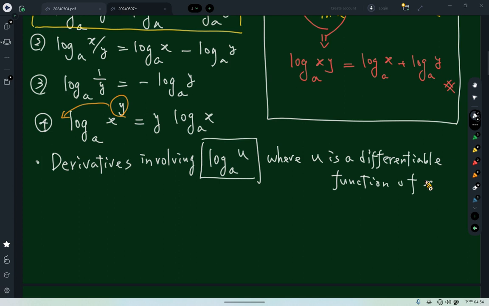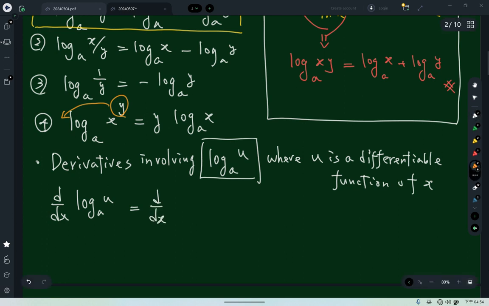So when you encounter this, I want to differentiate this. So what you should do, the first thing you need to do, originally I want to differentiate this one, right? This is our purpose, right? Then you should try to do this.